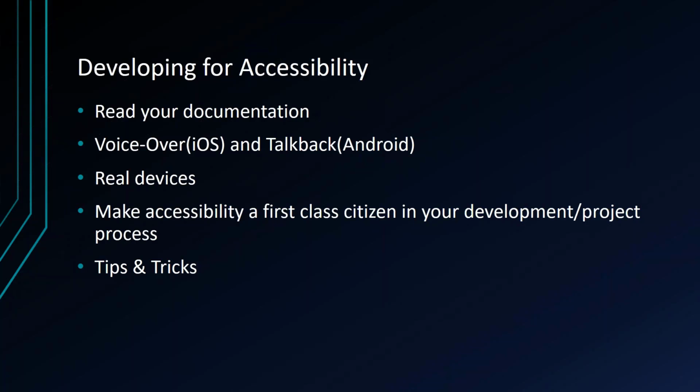When you start doing your development, you're going to have two tools that you'll use for your accessibility testing. You're going to use VoiceOver, which is the screen reader for iOS, and TalkBack, which is for Android. Now there are other accessibility needs, like I said earlier. You want to test your apps with a keyboard and make sure they work with keyboards.